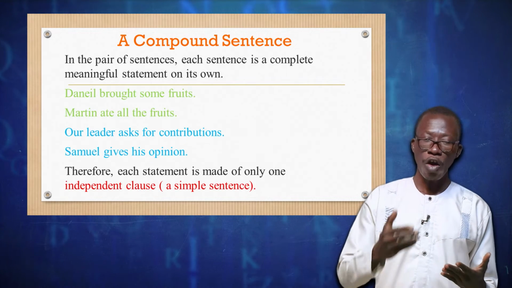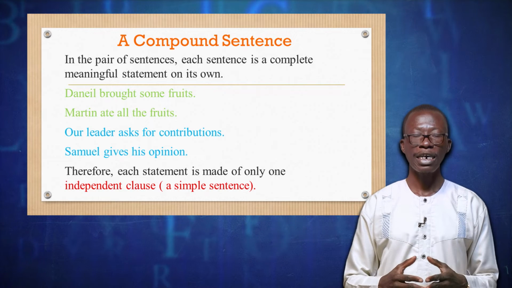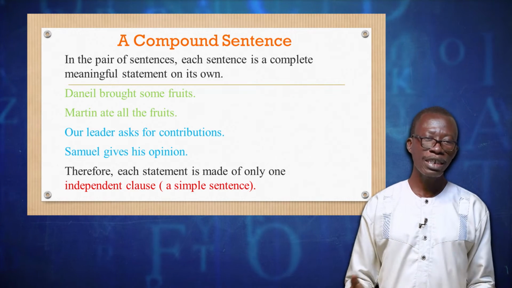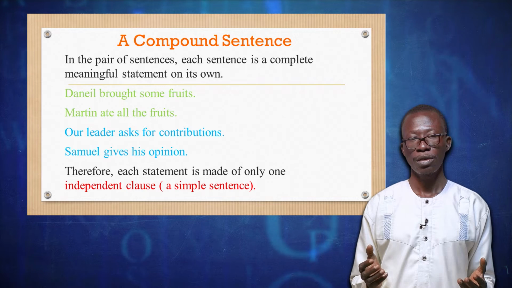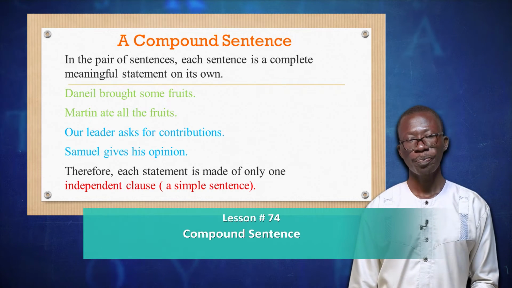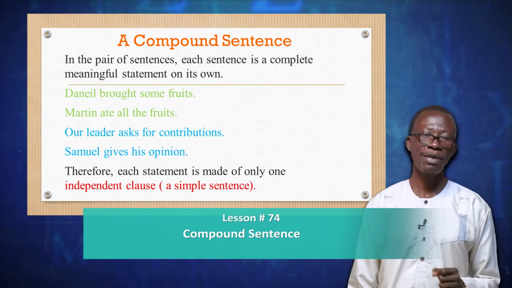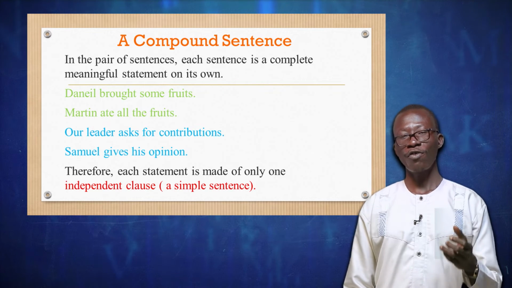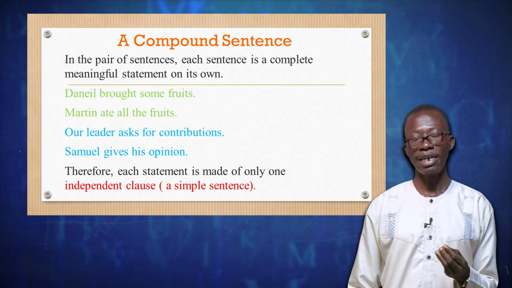So the four sentences are all sentences that give complete meaning on their own. Each one gives a complete meaning on its own. Therefore, each statement is made of only one independent clause.